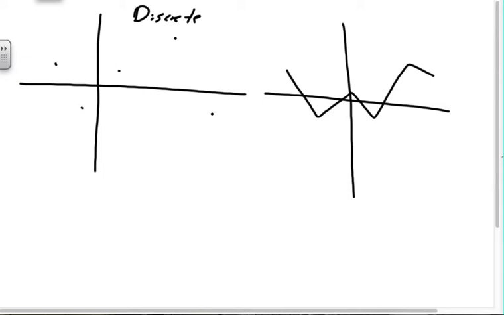Okay, I forgot to mention, but this is good. You can also get a discrete function, for instance, even if you're given an equation.